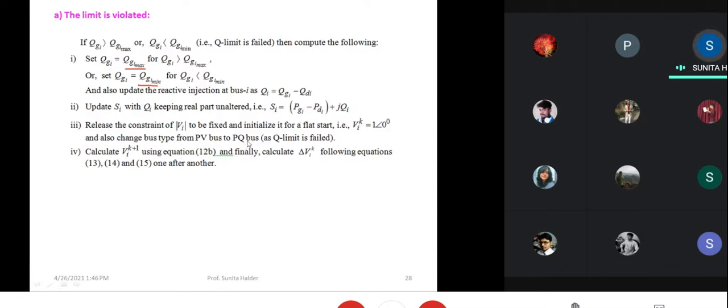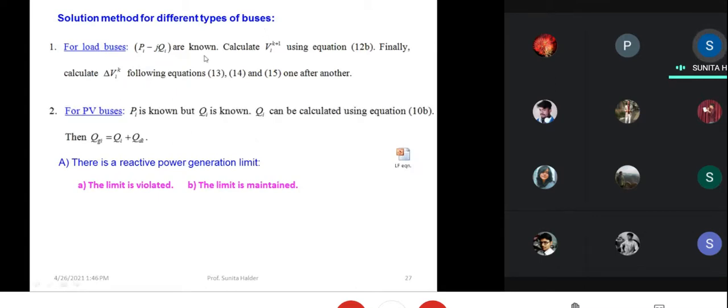to PQ bus. What is the meaning of bus type? For every bus, the calculation will be of a different type. For load buses, the calculation is only this much: there is no reactive power check, no limit check, no reactive power calculation. But for a PV bus, there is a reactive power calculation and a reactive power check.